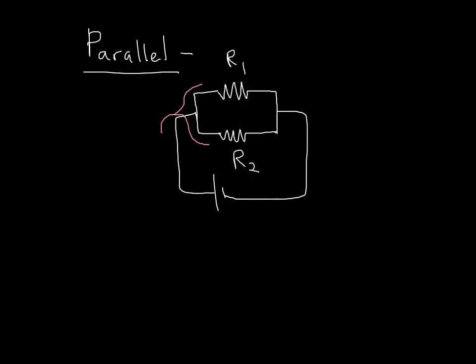If I want to figure out what the total resistance inside of this circuit is, I can do that by doing the total resistance, R total. And I need 1 divided by that is equal to 1 divided by R1 plus 1 divided by R2.